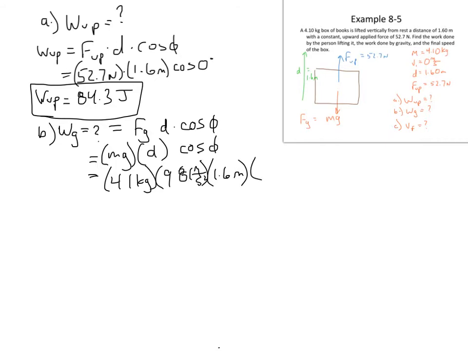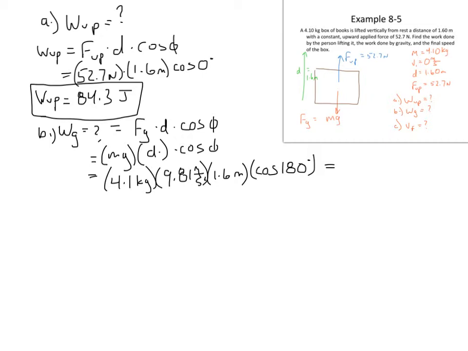However, the angle between them is going to be different from before. Here is the direction that the gravity force vector is acting, and here is the direction of motion, the direction that the distance is in. So that's a 180-degree difference right there. So times the cosine of 180 degrees. What is the cosine of 180 degrees? That's -1. So gravity is going to be doing negative work because it's acting opposite to the direction that the thing is actually moving.